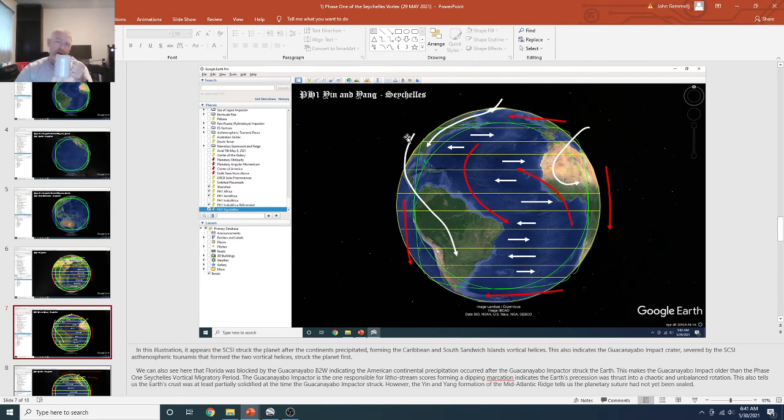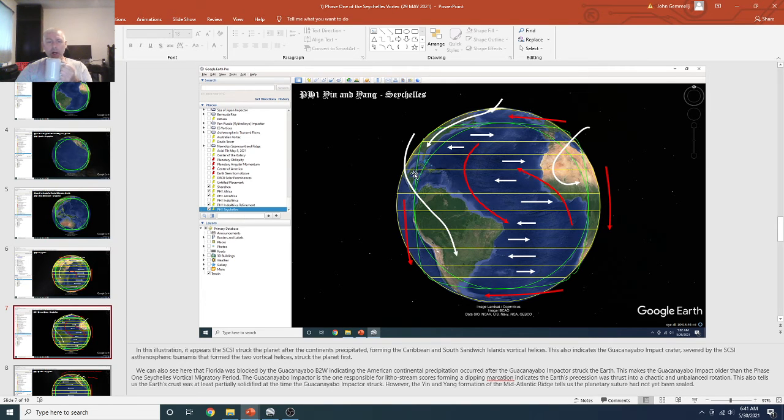And then you have the other side, the western side of America, precipitating down through this vortex, sweeping down into South America and feeding a great mass down here. We don't know that the Coconayabo impactor at this point impacted before or after South America was developed.